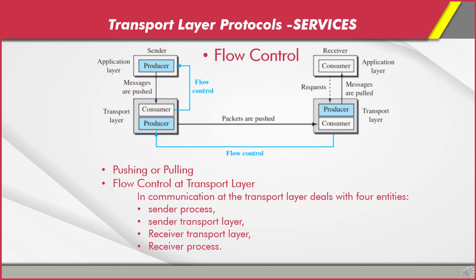If the producer delivers the items after the consumer has requested them, then that type of delivery is referred to as pulling. In communication at the transport layer, it deals with four entities, that is sender process, sender transport layer, receiver process, and the receiver transport layer.